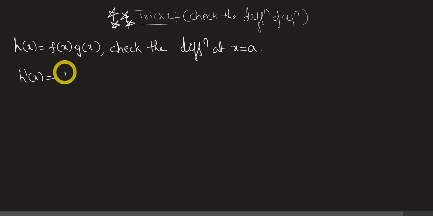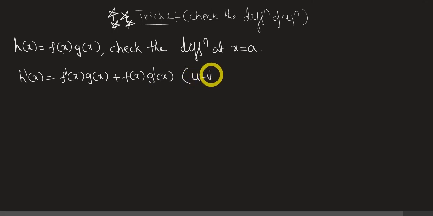h'(x) = f'(x) into g(x) plus f(x) into g'(x). Now this is by which rule? By the UV rule. Now at x = a, what is happening?